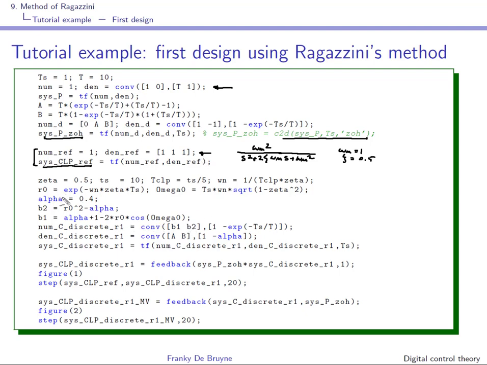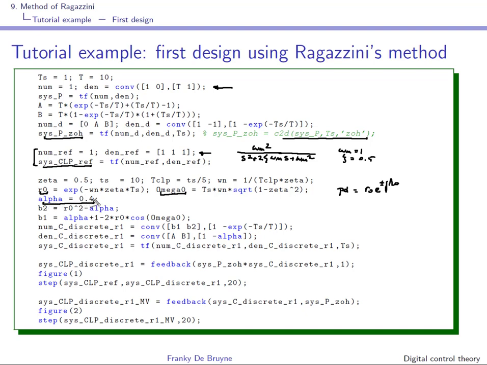So here we compute the controller. These are the poles, and the discrete poles are r0 exponential of plus minus j omega 0. So this is the computation of r0 and omega 0. This is our degree of freedom. Here we choose to take alpha equal to 0.4.